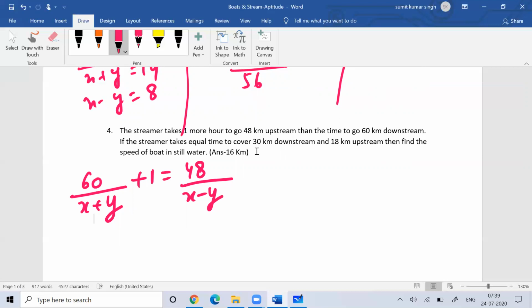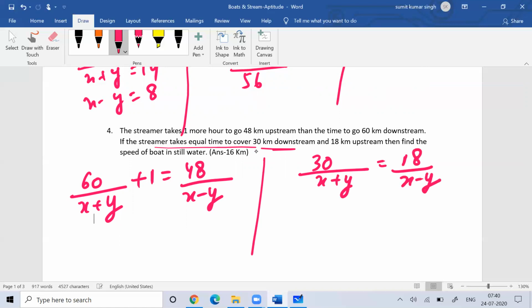Then it is given that the steamer takes equal time to cover 30 kilometer downstream and 18 kilometer upstream. So you have to find this x value.